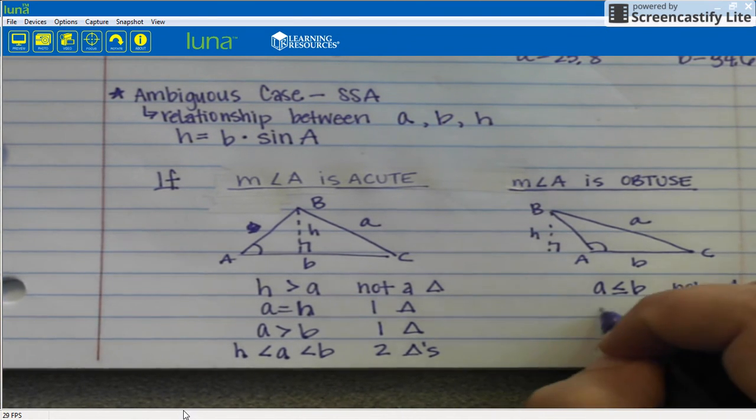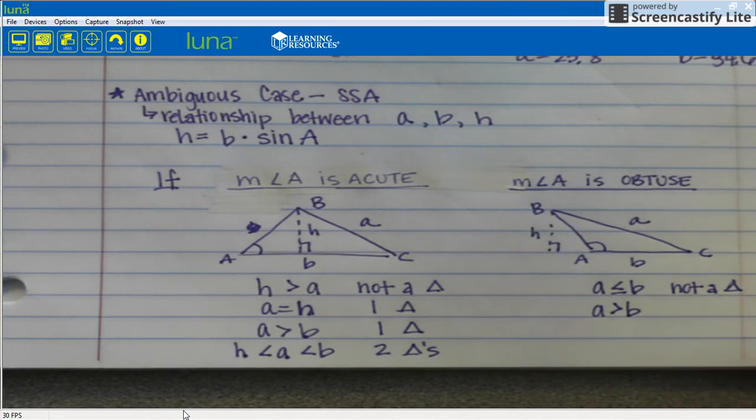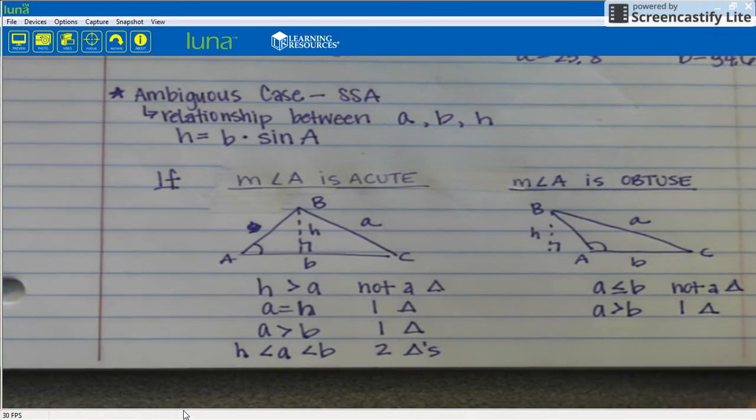Or if your A is greater than B, then you are one triangle. Okay, so if you are less than or equal to B and your angle A is obtuse, then you can't be a triangle. If your A is greater than your B, then you're one triangle.